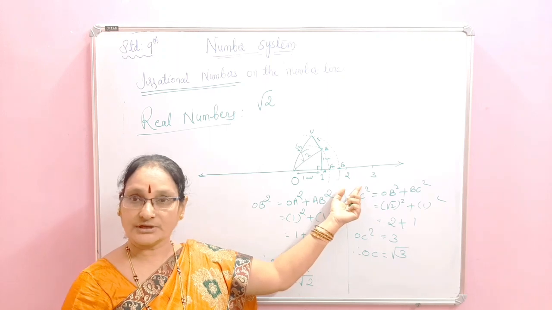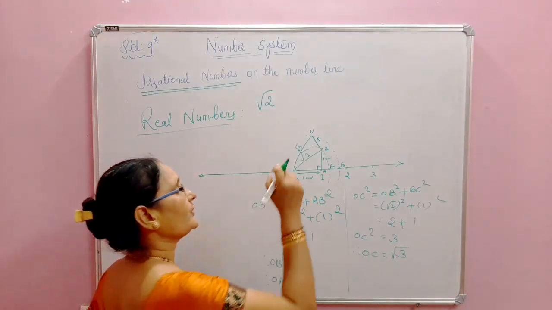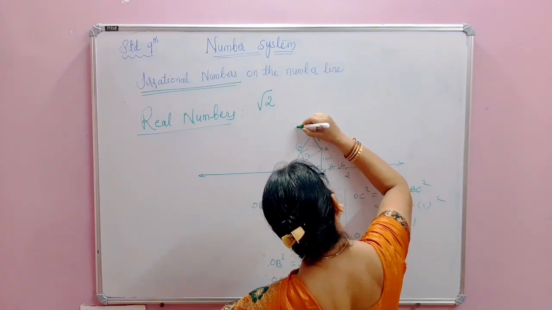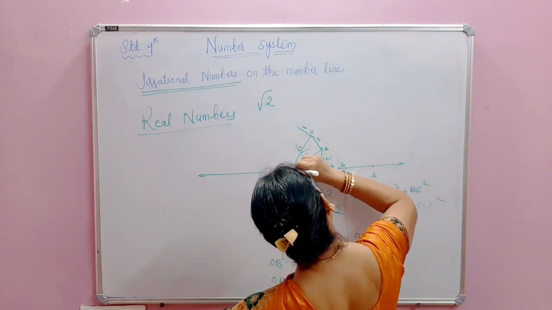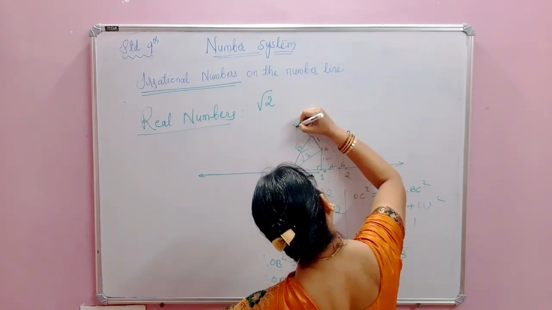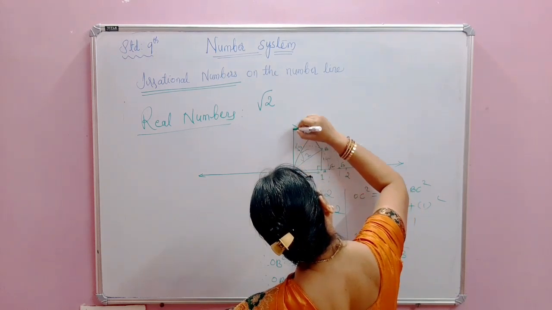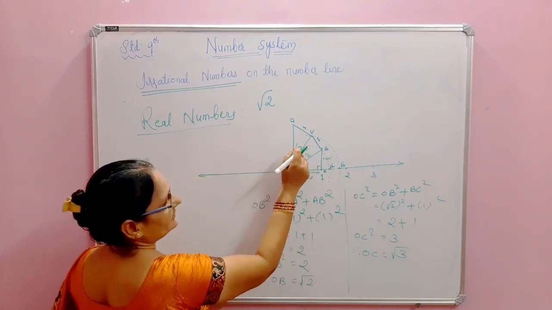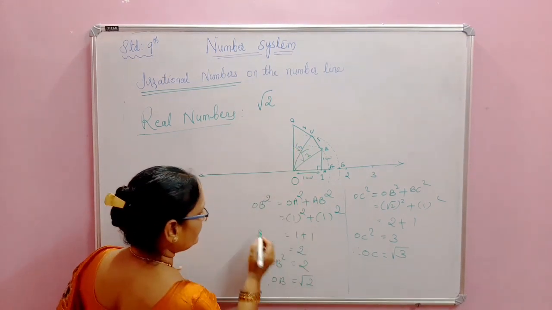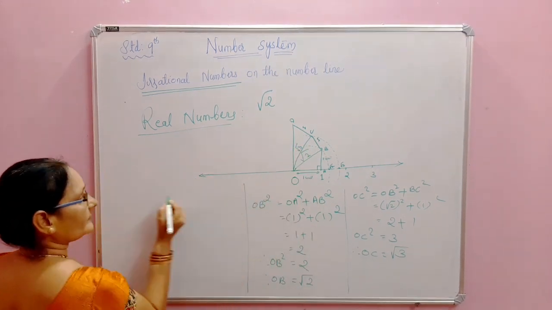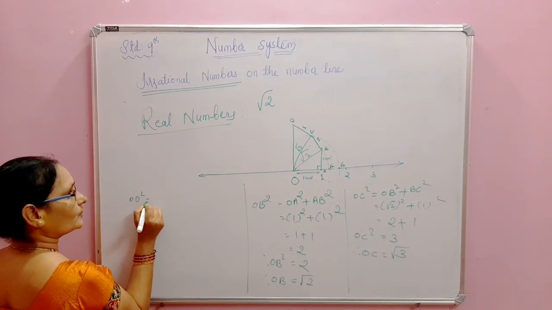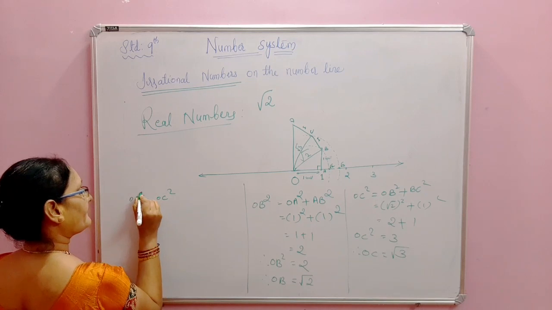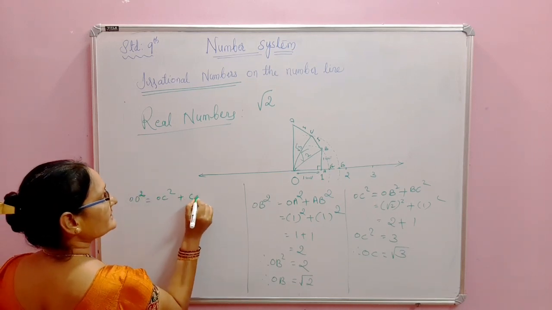That is root 3. In the same way, root 4, you know what it is. Here also you have to take again 1 unit. Take 1 unit and join this. See, this is D. Now, this is the root 3 base. Therefore, OD square is equal to OC square plus CD square.